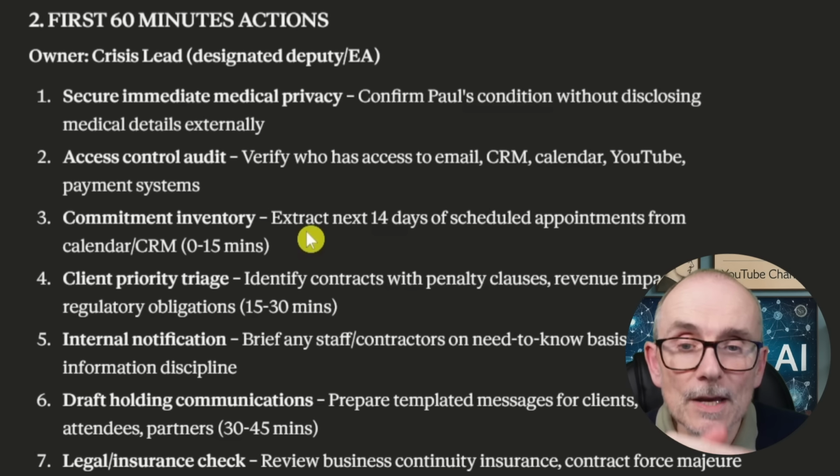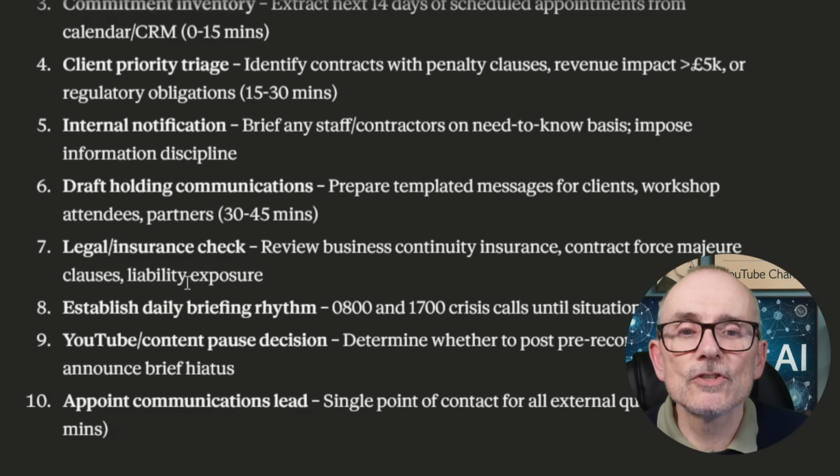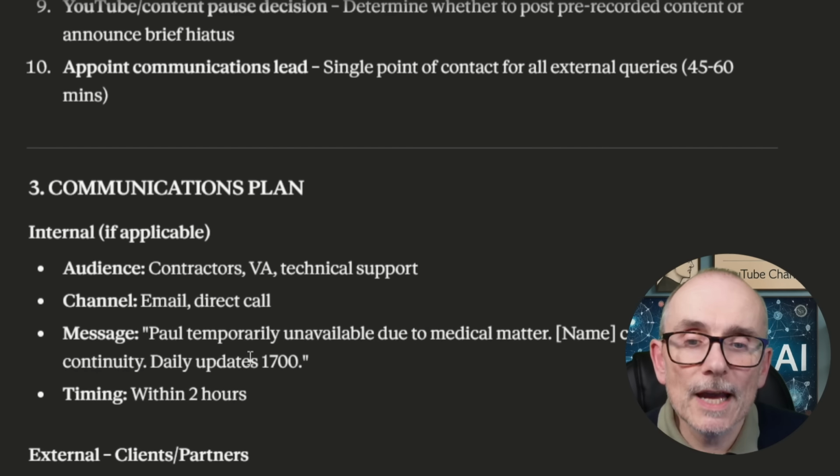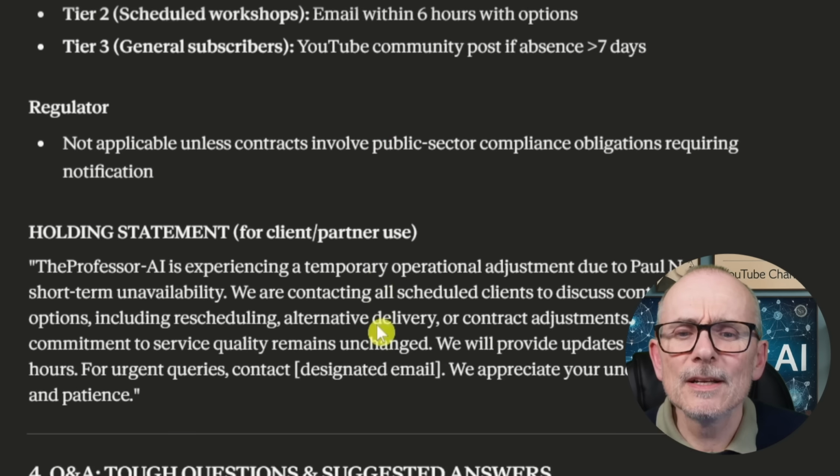So it's telling me what to do through this crisis. Client priority triage, internal notifications, draft holding communications, legal insurance checks, create a communication plan, external clients. Let's hope this doesn't happen.